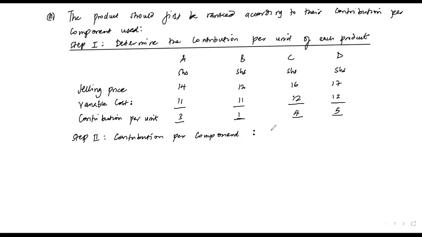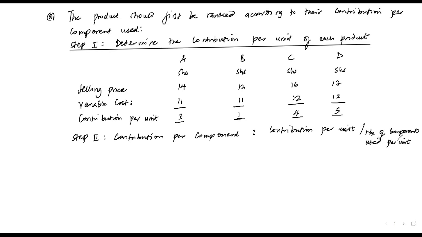To get the contribution per component, we have to get the contribution per unit of each product. Then we divide by the number of components used per unit.